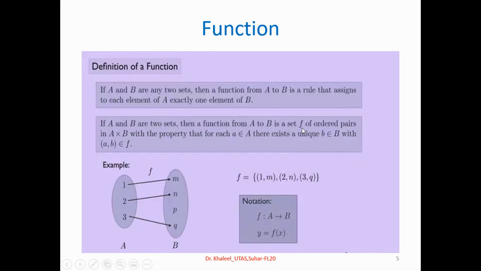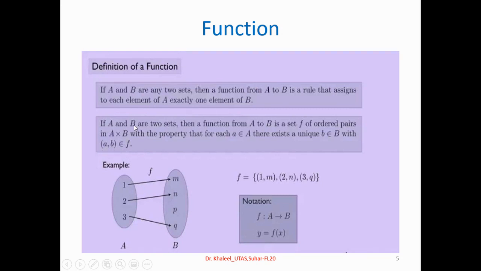F consists of ordered pairs. An ordered pair (a, b) is a pair where a is from capital A and b is from capital B. Pair means two, and ordered means the position is fixed. (a, b) is not equal to (b, a), so you cannot change the places of a and b.